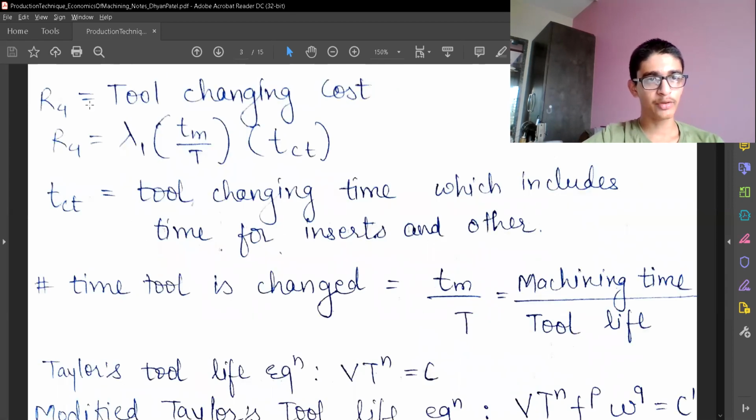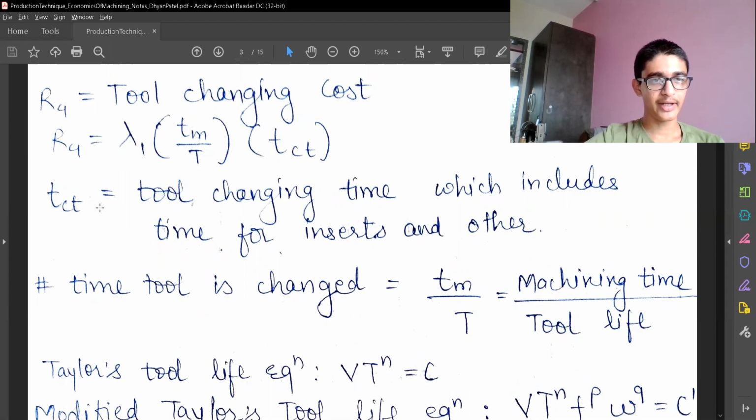Then we'll come to R4, that is tool changing cost. So R4 is lambda 1 into Tm by T into TCT. So I'll explain this factor Tm by T. That is the number of times my tool has to be changed. So the number of times the tool is changed, that is the machining time divided by tool life, or the number of times I need to regrind the tool.